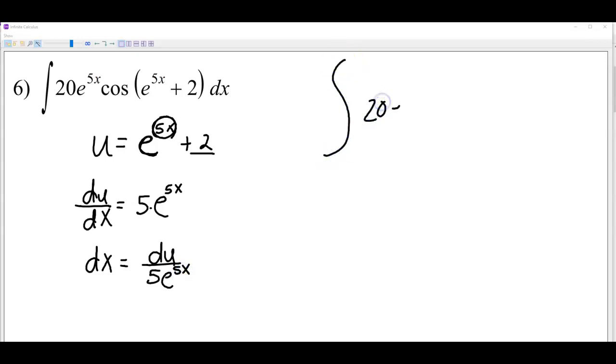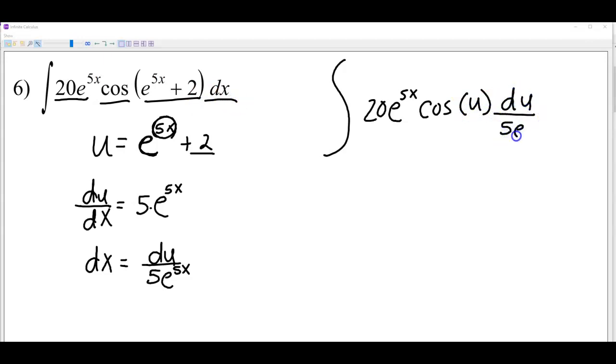We're going to bring our 20e to the 5x here. That's this guy. Then we have cosine. And we're going to replace that with the u. And then we're going to replace that with the du over 5e to the 5x. The e to the 5x's go away. 5 goes into 20 4 times.